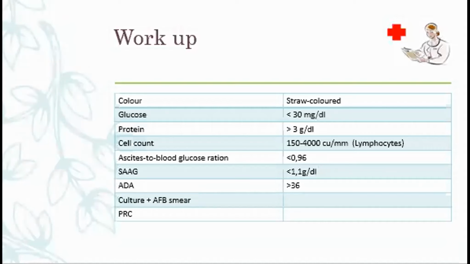But with our children that present, you might not be able to get 1 liter of aseptic fluid off safely. Also, your PCR is rapid and reliable to identify peritoneal TB, and it gives you a quick result.